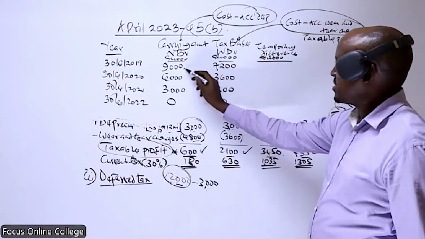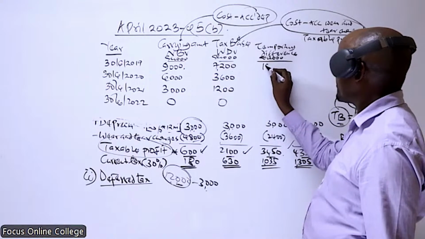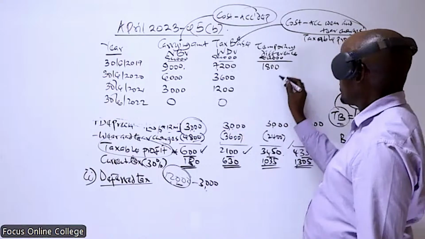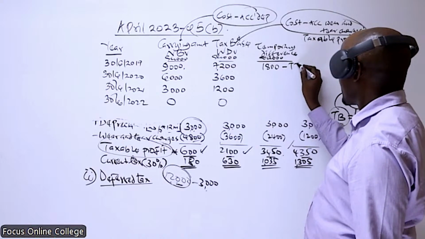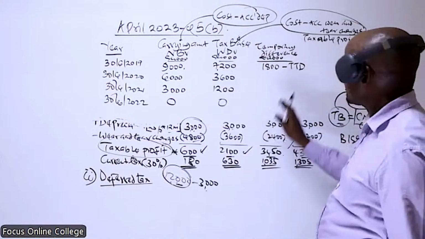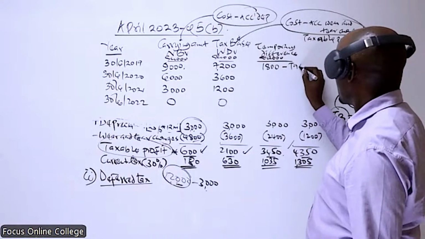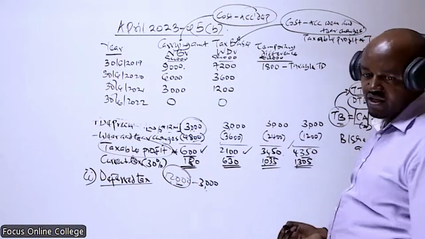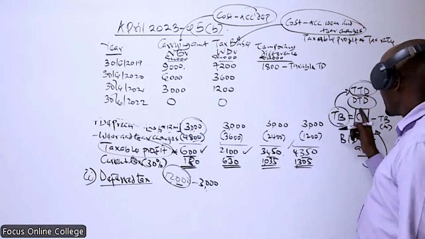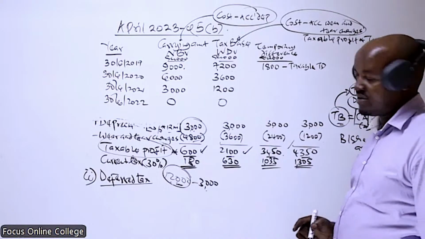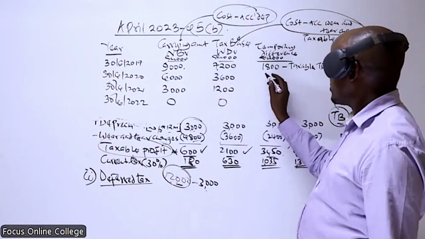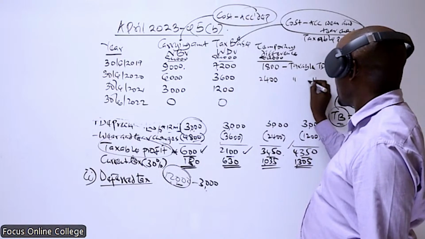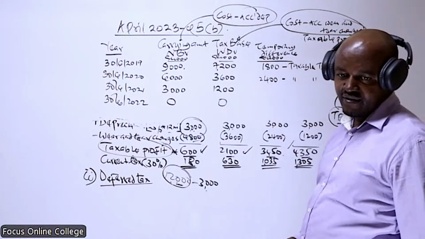We take this minus that, which gives us 1800, and being a positive figure, it is a taxable temporary difference.